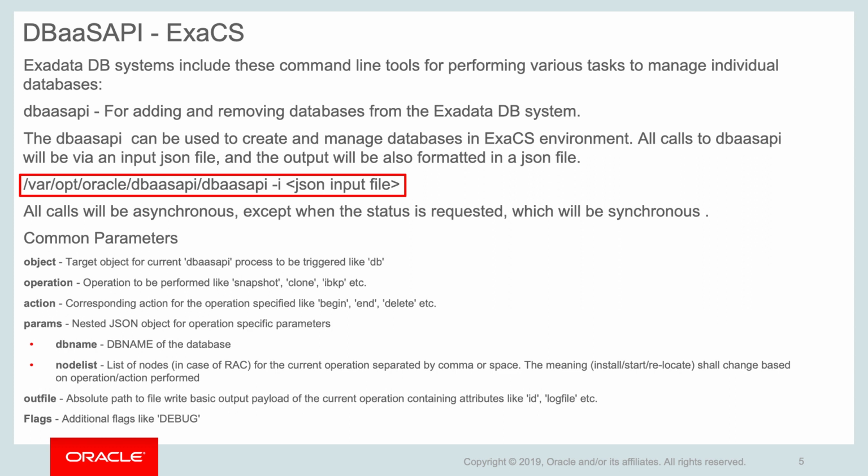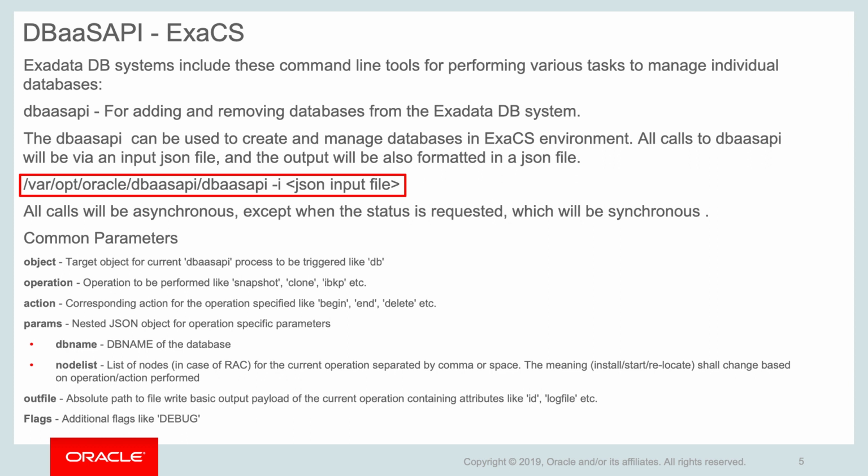Actions could be related to end, delete or begin, and they will be the values for the action performed. Params can take a nested JSON object for operation-specific parameters. It expects the db name for your database name, and node list could be the compute names where your database instances are running. In case you have a RAC environment, you need to pass those comma separated.